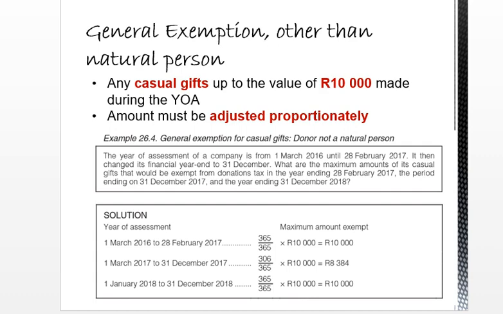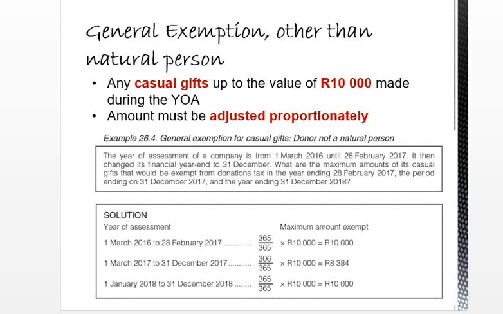So what are the maximum amounts of its casual gift that would be exempt from donation tax in the year ending 28th of February 2017, the period ending 31 December 2017, and the year ending 31 December 2018? So because it's a company, it's not a natural person, it only has an exemption of 10,000 Rand on any casual gifts made, but this has to be adjusted proportionally.